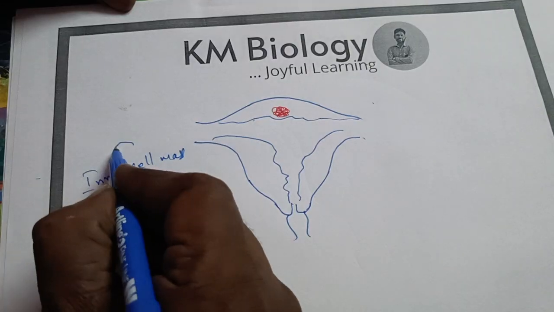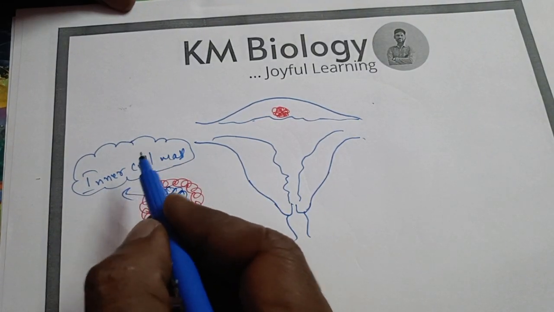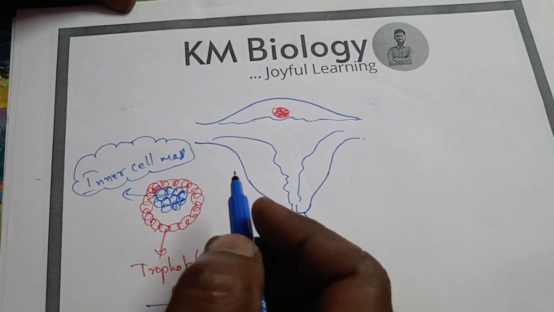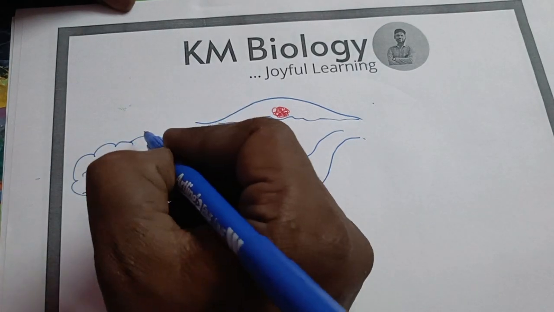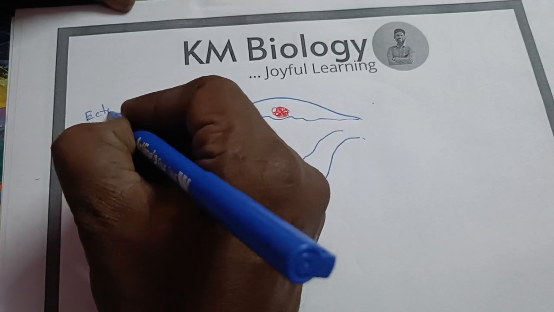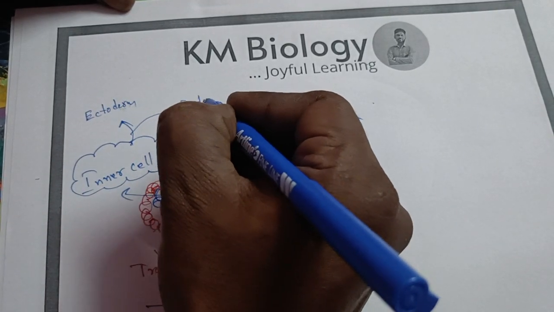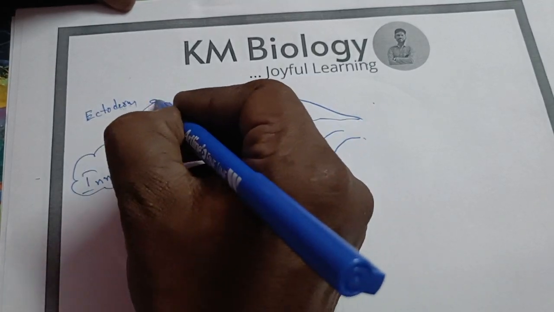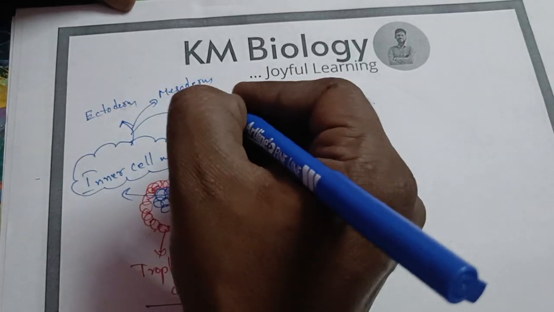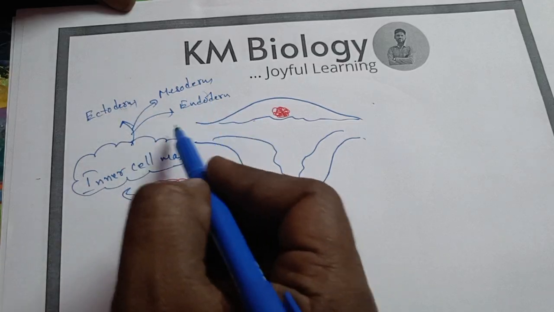Remember, only the inner cell mass is involved in the formation of the whole body. This inner cell mass is differentiated into ectoderm, endoderm and mesoderm, and different tissues and organ systems are developed from different layers of the embryo.